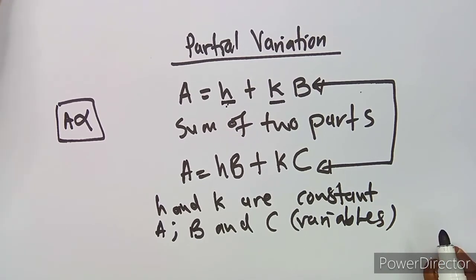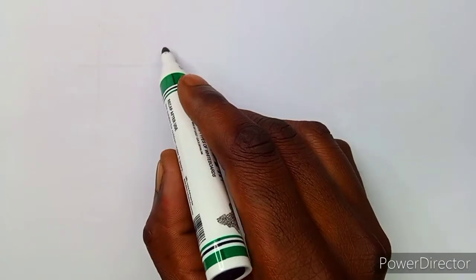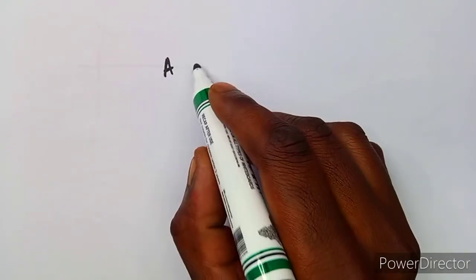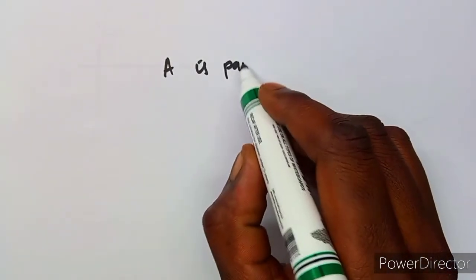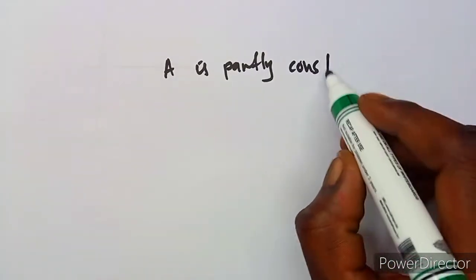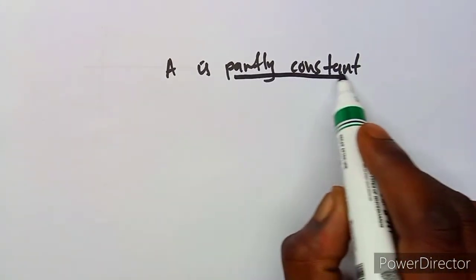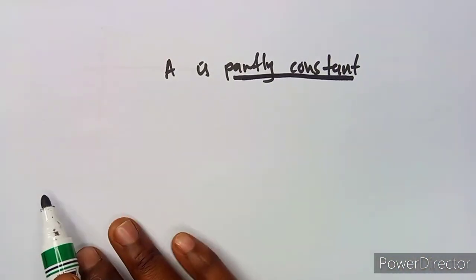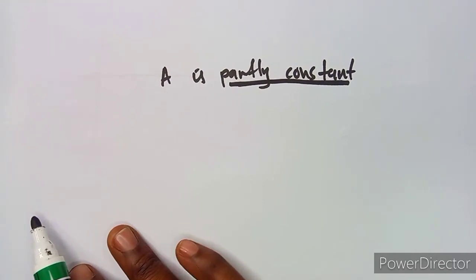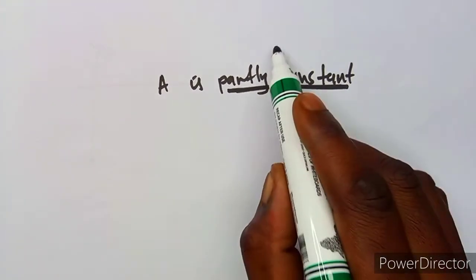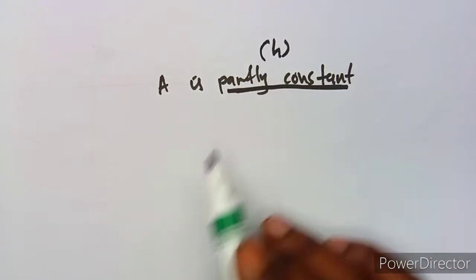All right, when you are given a variation in words, where you are given that a is partly constant, like this, a is partly constant, it means it's just a constant that you are given, such as h.